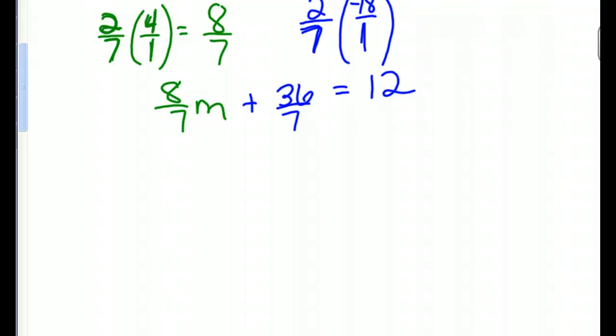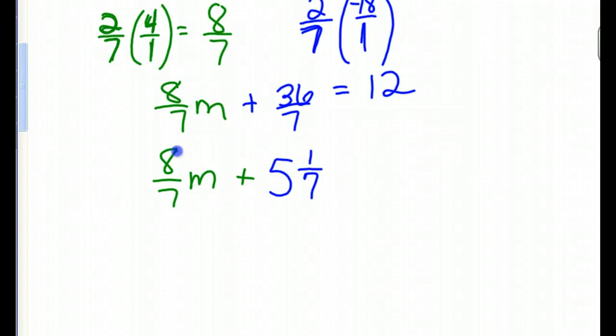So what we're going to do is change some of these fractions around. We're going to keep 8 over 7m, but we're going to change 36 over 7 to 5 and 1/7, because 7 goes into 36 5 and 1/7 times. That equals 12. So now, of course, we want to minus 5 and 1/7 from both sides.